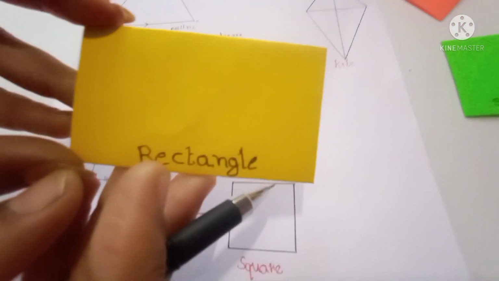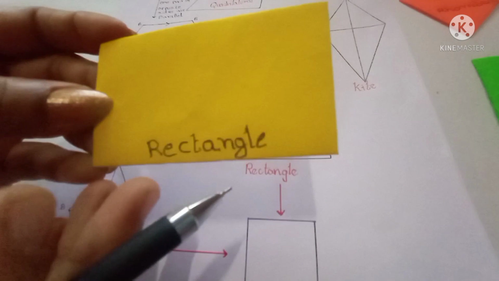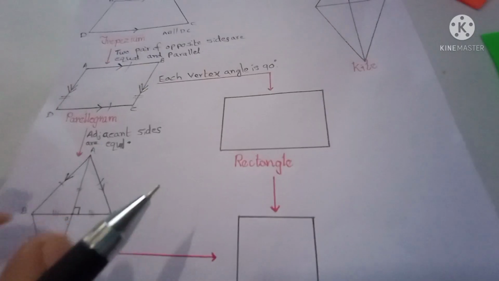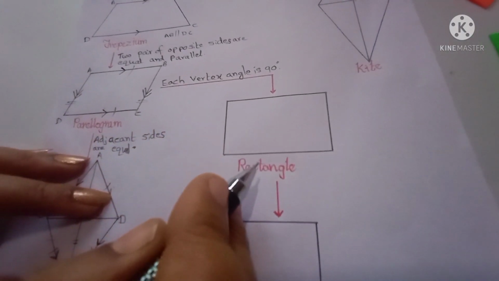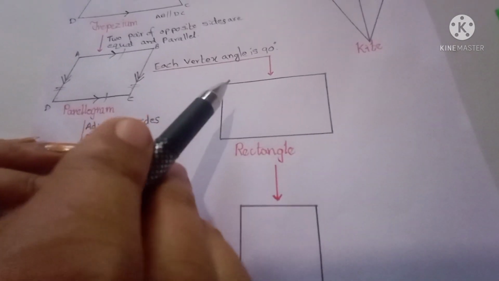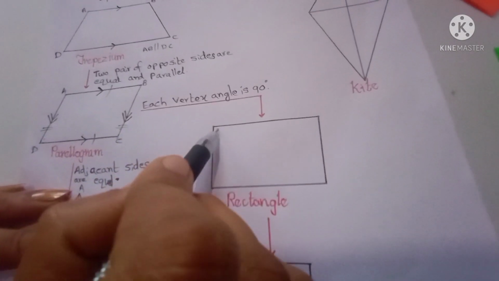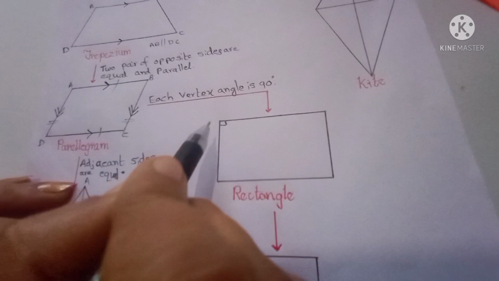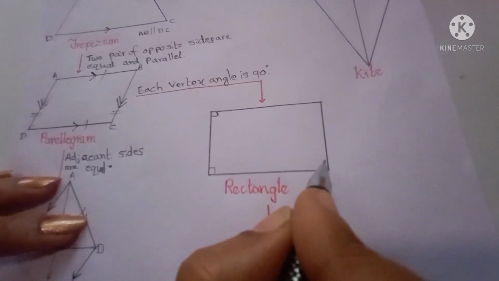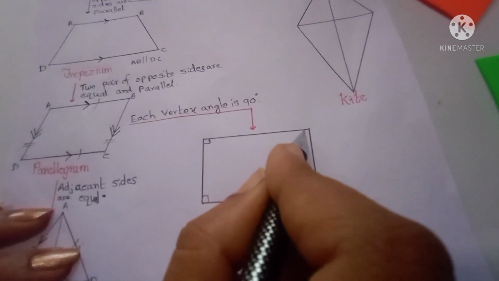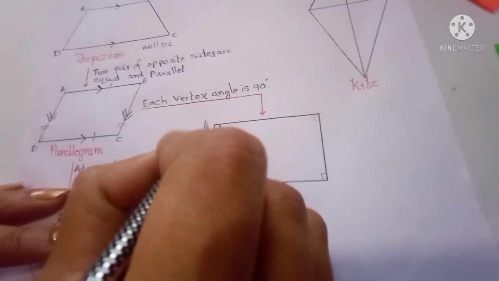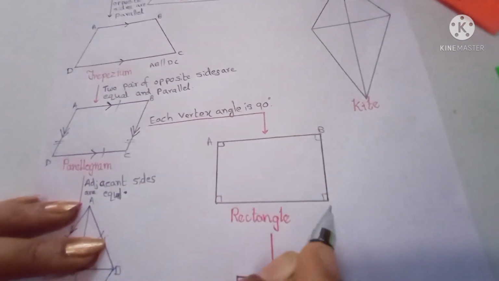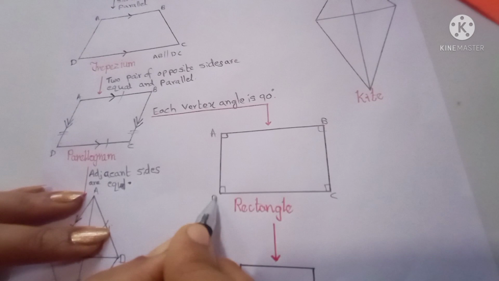Like this. This is a rectangle. In this rectangle, all vertex angles will be equal to 90 degrees. Name it A, B, C and D.